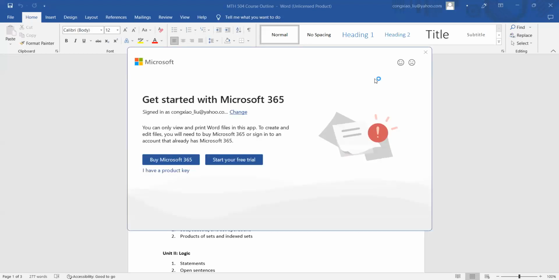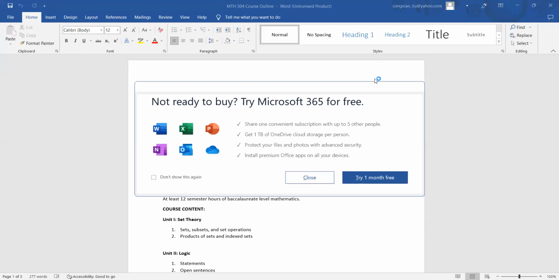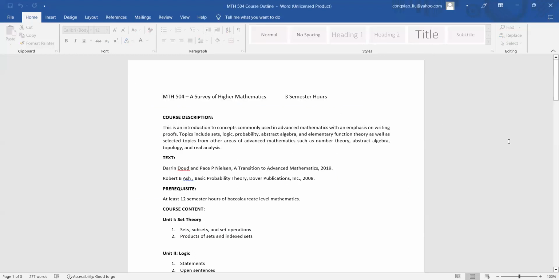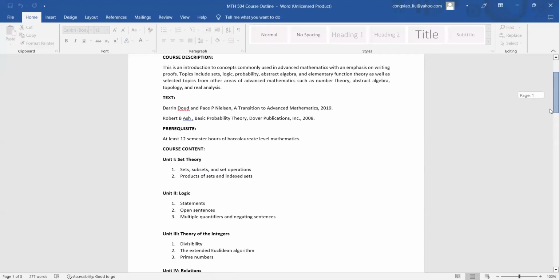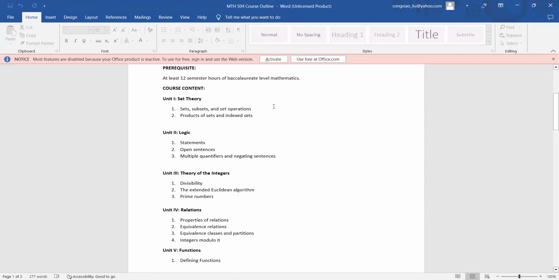Oh, I'm sorry. Okay, so this is the syllabus we had before. We finished unit 1 set theory, and we just finished the unit 2 logic. And unit 3 is the theory of integers, and unit 4 is relations.